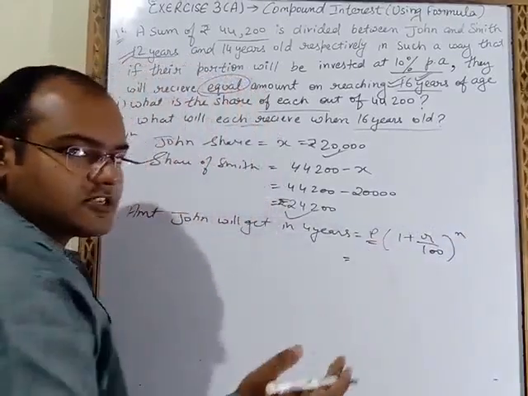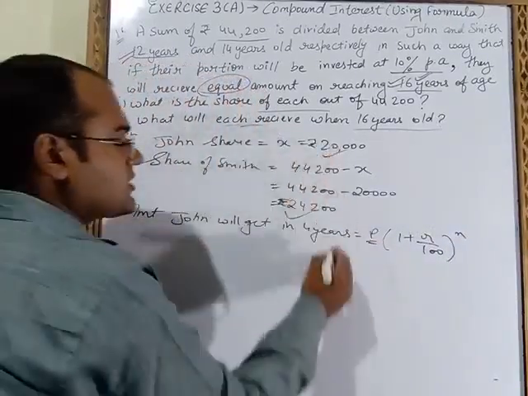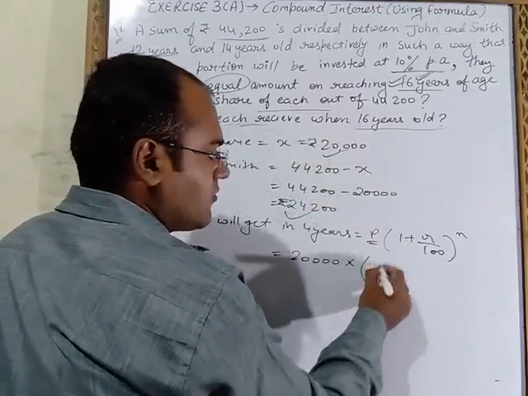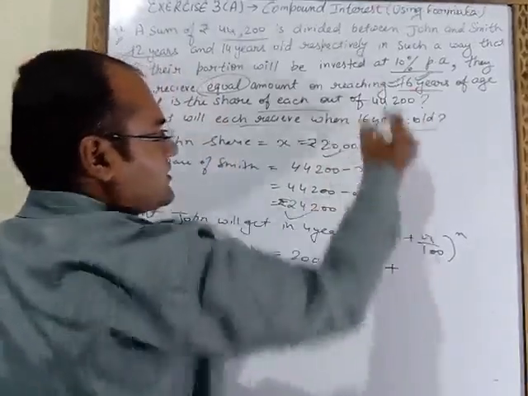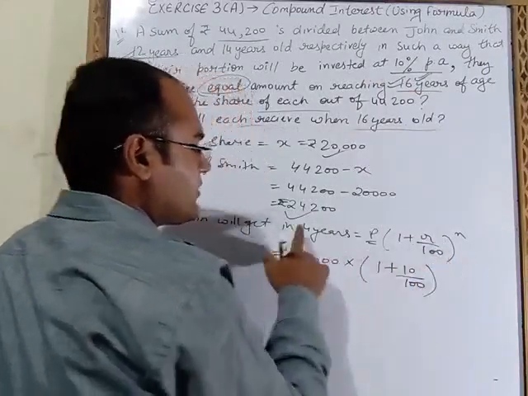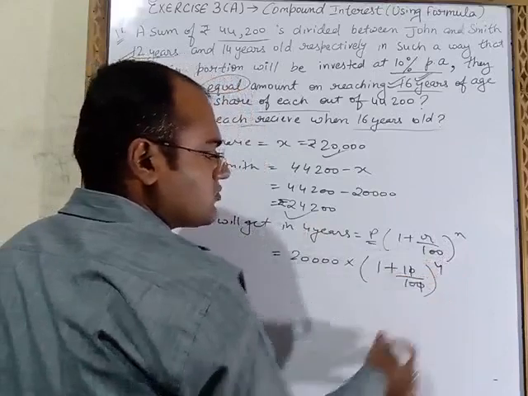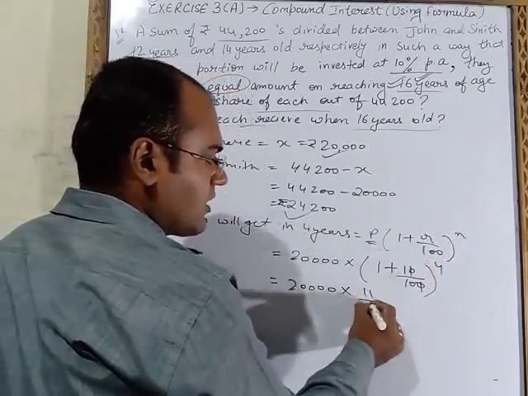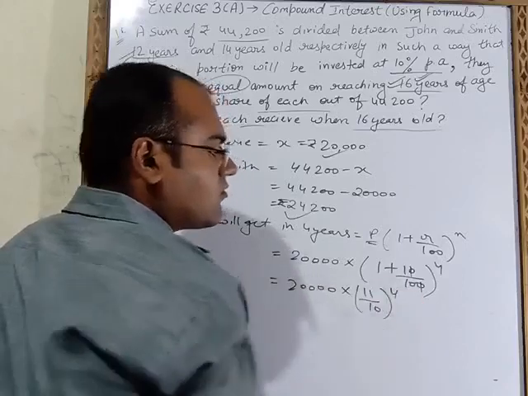P means principal for John. John's share was 20,000 into 1 plus rate. Rate is 10% upon 100 power n. Time is 4 years. These two 0 will get cancelled. 20,000 into 11 upon 10 power 4.